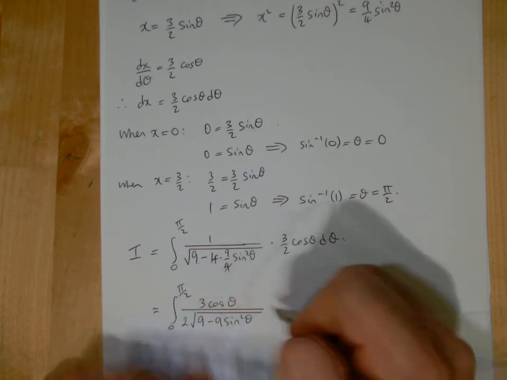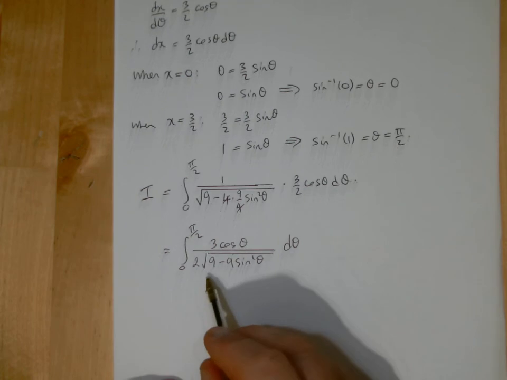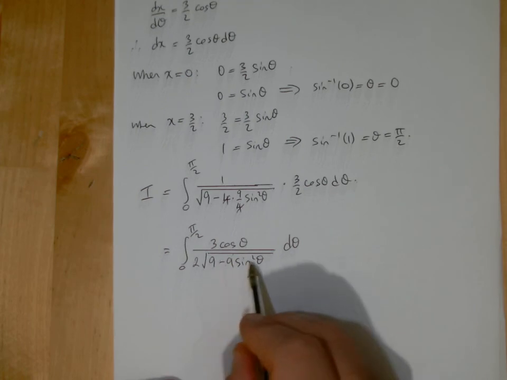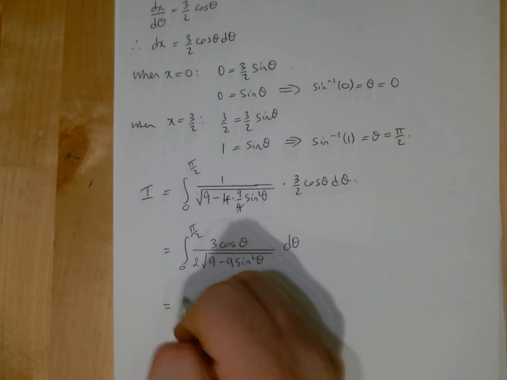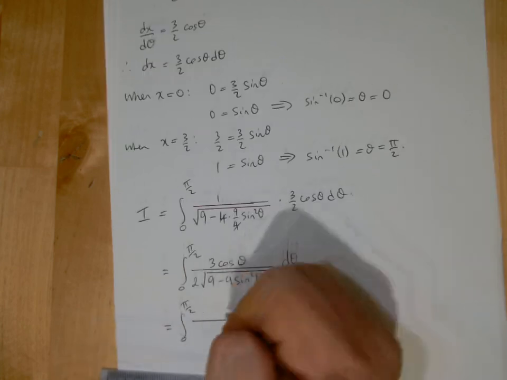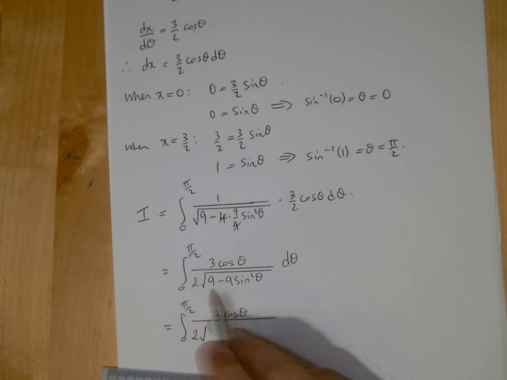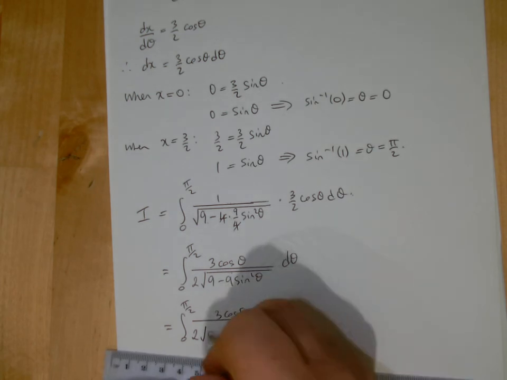Now, can we start to see similarities? So the last question. Well, of course we can, can't we? Because you've got 9 minus 9 sine squared. Think about what I'm going to do next, okay? It might be obvious now if you really understood the last question. You can see inside that root that we've got a common factor of 9, and we can factorize it.